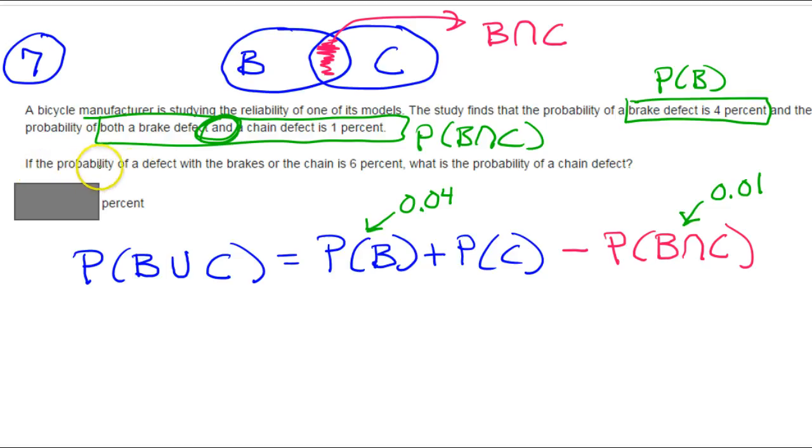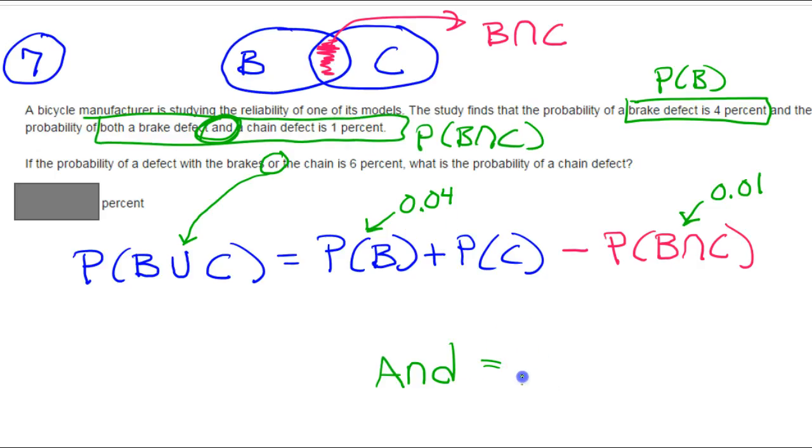If the probability of a defect with brakes or the chain is 6%. As soon as they say or, they're talking about this symbol right here. In fact, get this down right now. When we talk about and, we're talking about the intersection symbol.